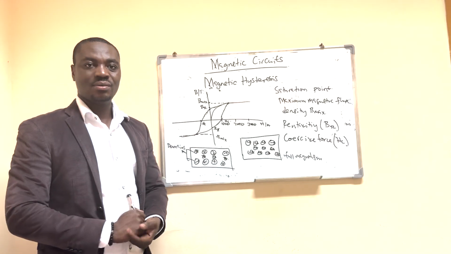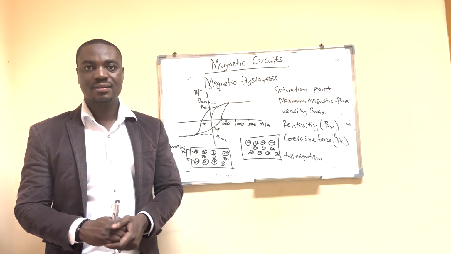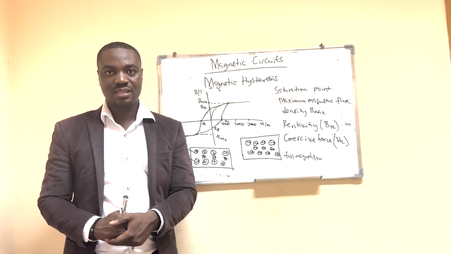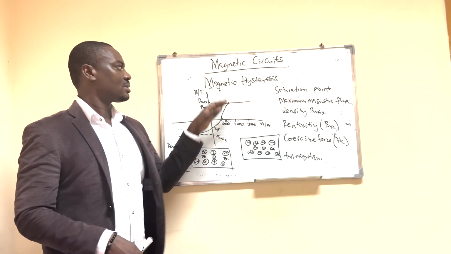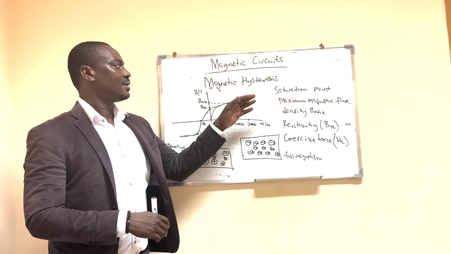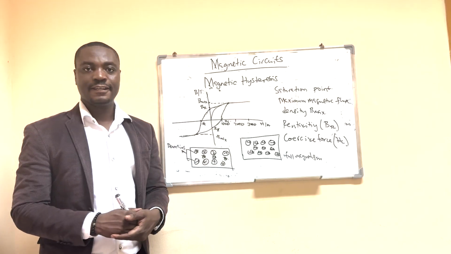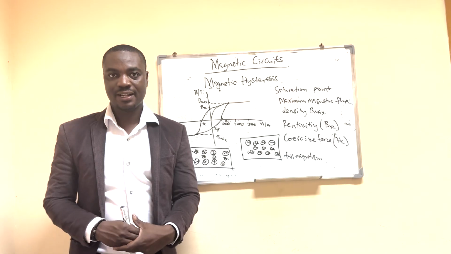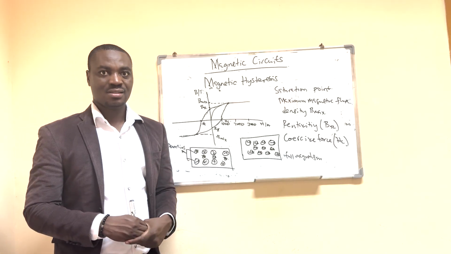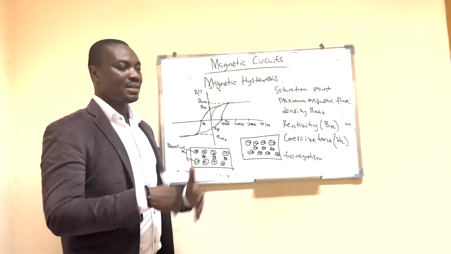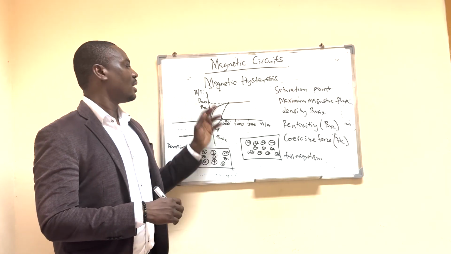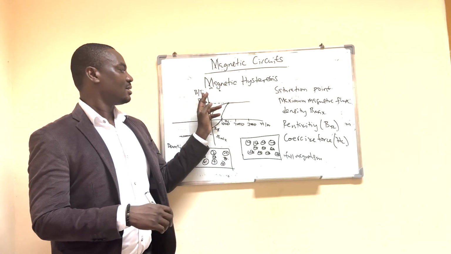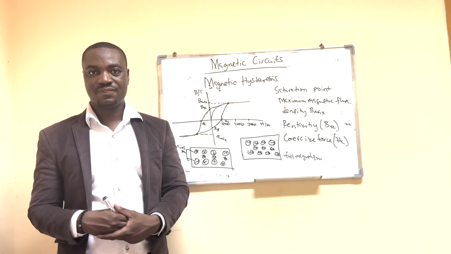Now we can look at another important aspect of a magnetic circuit, which is magnetic hysteresis. When it comes to magnetic hysteresis, we try to understand it by looking at a plot of magnetic flux density against magnetic field strength.